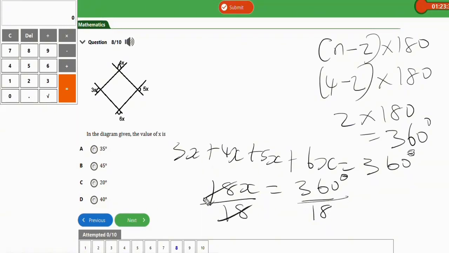This will cancel itself, so you can now punch on the calculator 360 divide 18. So you're going to have the output to be 20 degrees. So the correct option for this question is option C, which is 20 degrees.